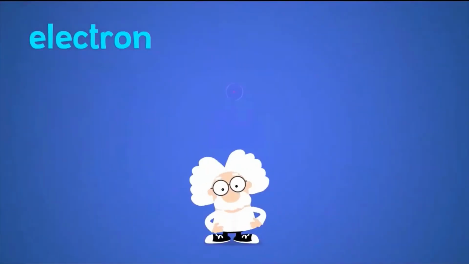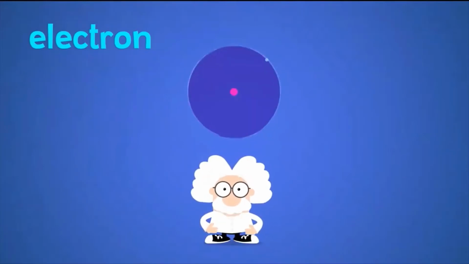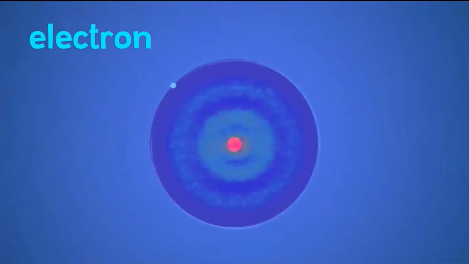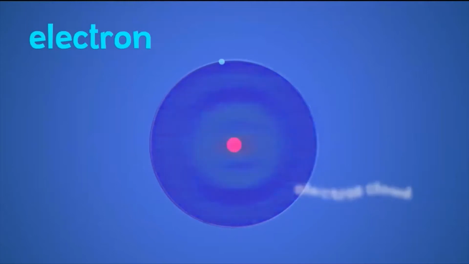Now, electrons are much smaller than protons, and they zip around protons at lightning speed, making up something called an electron cloud around the atom. Electrons do this because they have a negative electrical charge, which always pulls towards the proton's positive electrical charge.